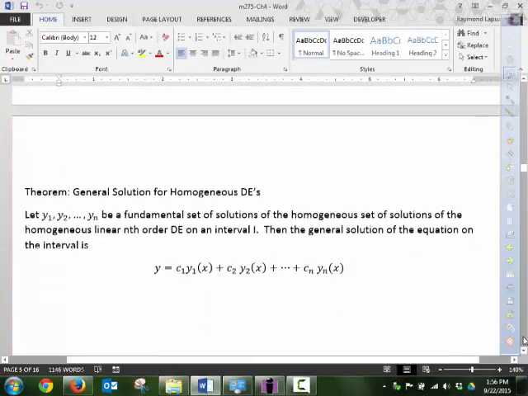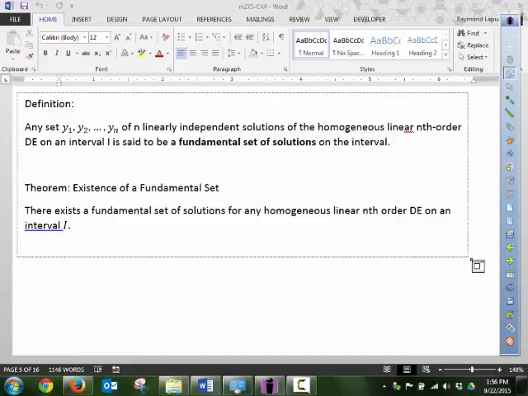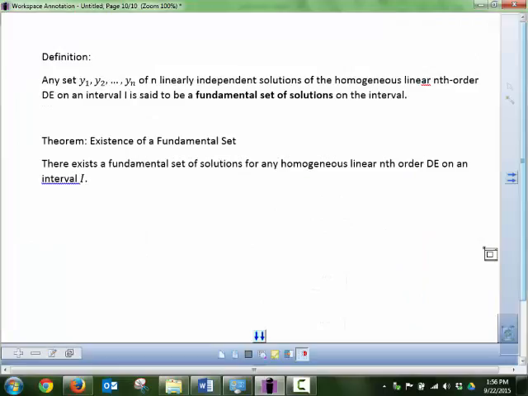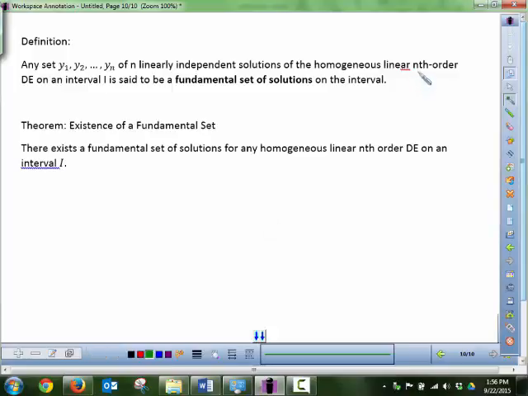Oh, one more. A couple more pieces of information. Fundamental solution set. So here's the key, here's the rest of the theory that I've been kind of saying all along.